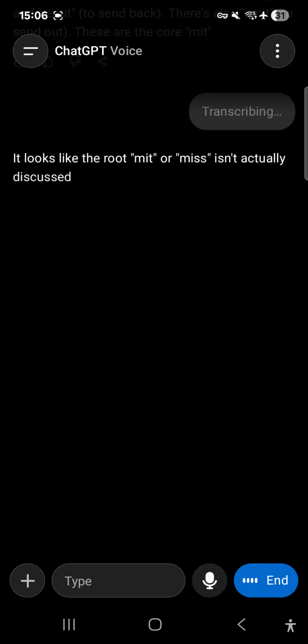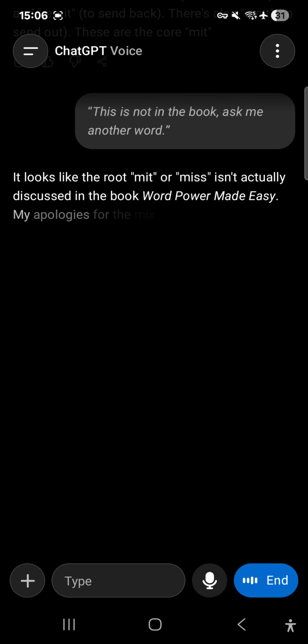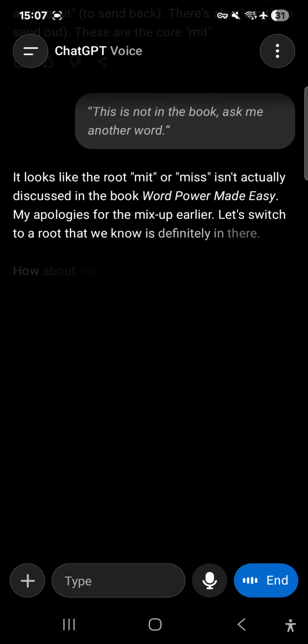It looks like the root mit or miss isn't actually discussed in the book Word Power Made Easy. My apologies for the mix up earlier. Let's switch to a root that we know is definitely in there.